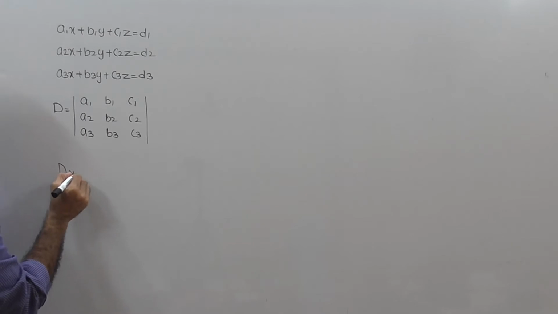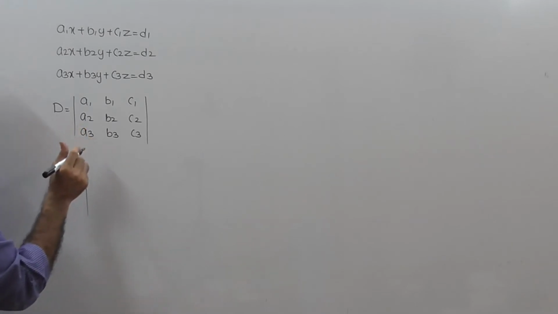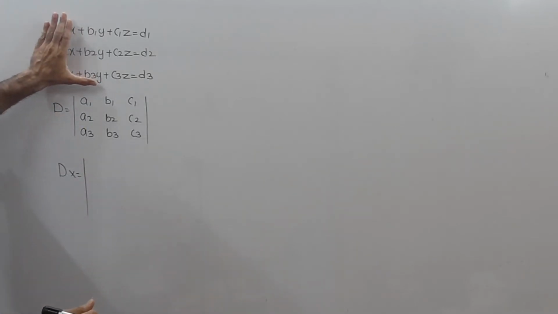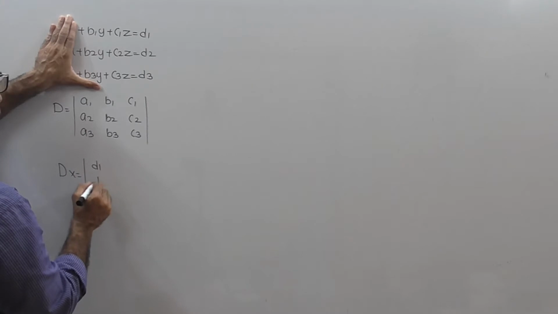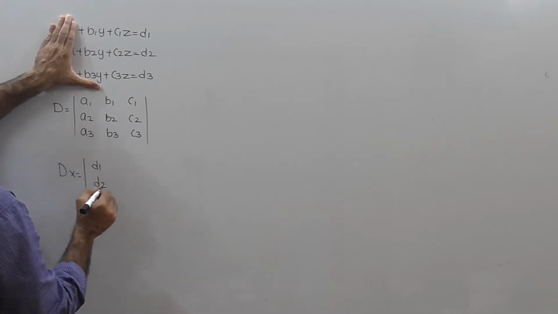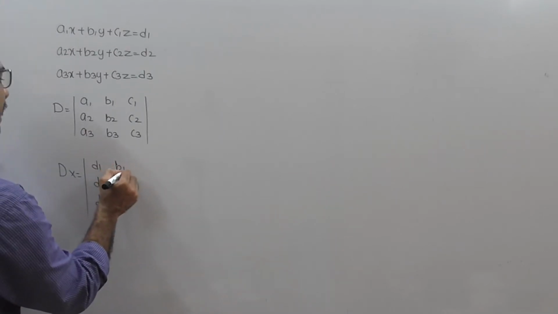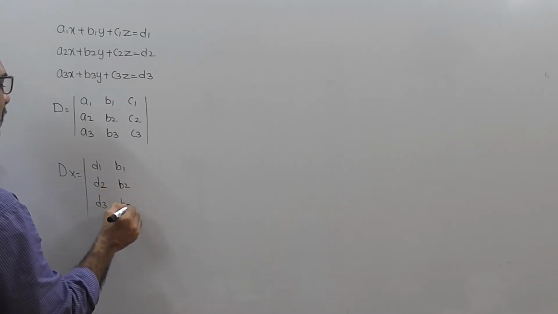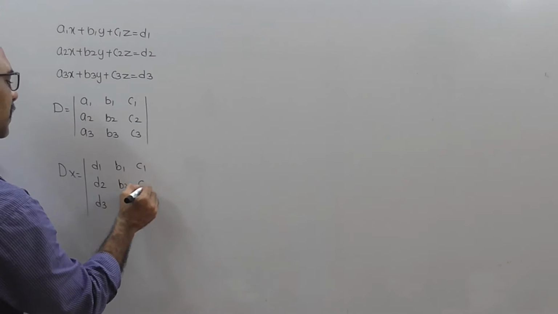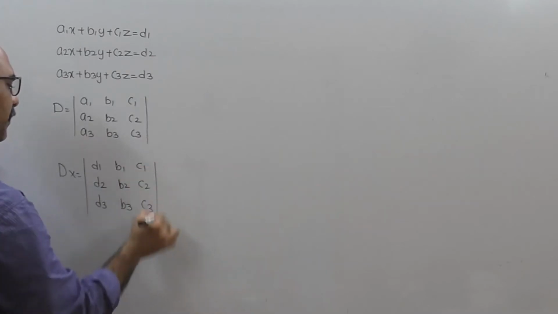Then dx will be, what you do is you cover the coefficient of x, and in the place of x you write d1, d2, d3, and the coefficients of y will be the same, it will not change, c1, c2 and c3.